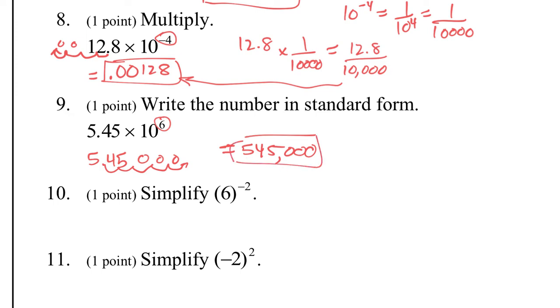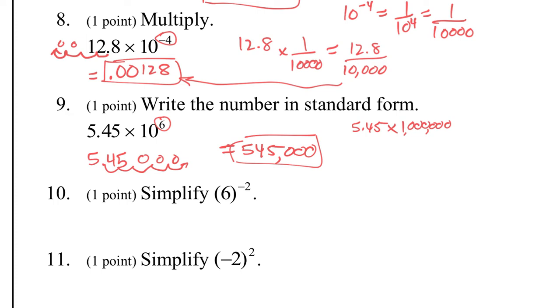And the question might be, why is it that way? Well, 10 to the 6th is a 1 with 1, 2, 3, 4, 5, 6 zeros. What is that? That's a million. 5.45 times a million would be 5 million. I'm pausing for a moment because I'm realizing, wait a minute.